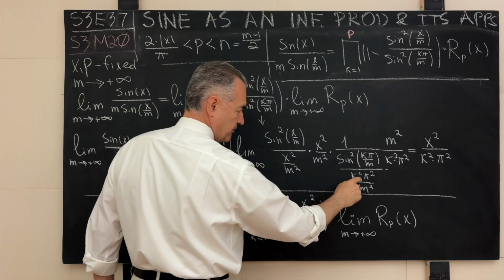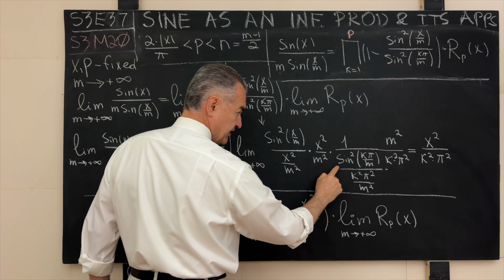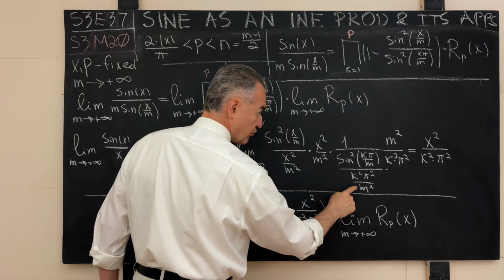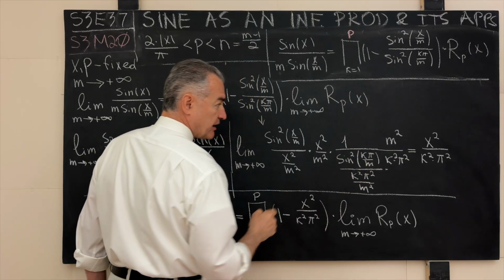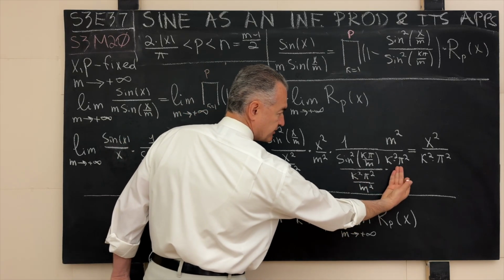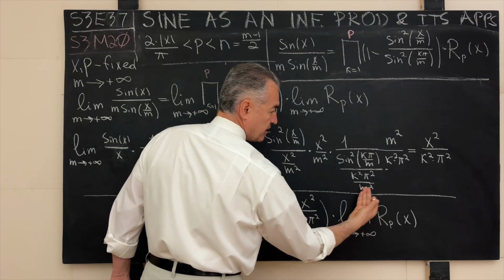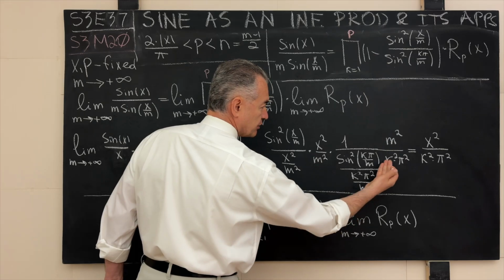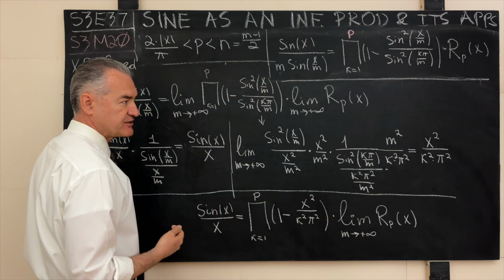We divide this sine by this ratio, k squared pi squared over m squared, and we multiply by it. You see, this k squared pi squared and this k squared pi squared cancel each other out, and then when this m squared is percolated over here, it cancels out.